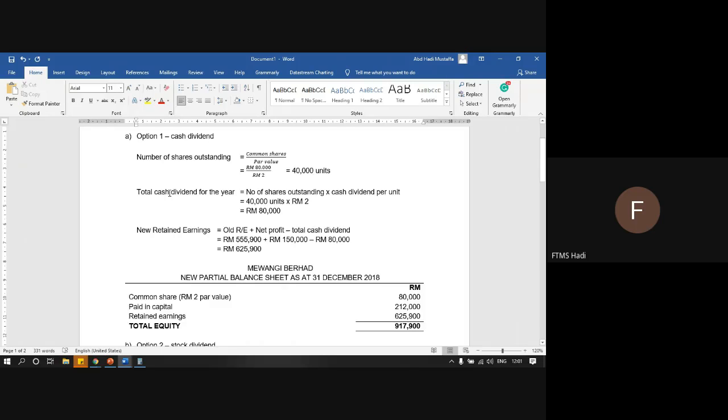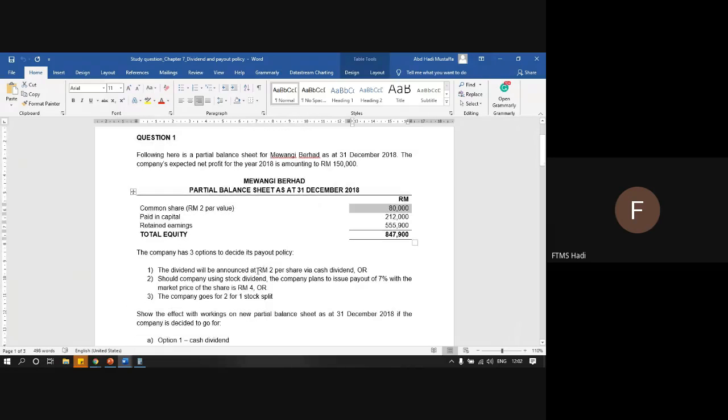Next you need to determine the total cash dividend for the year, which the formula is number of shares outstanding multiplied by cash dividend per unit. 40,000 units here is the number of shares outstanding. And how do you get cash dividend per unit? Look back at the question.